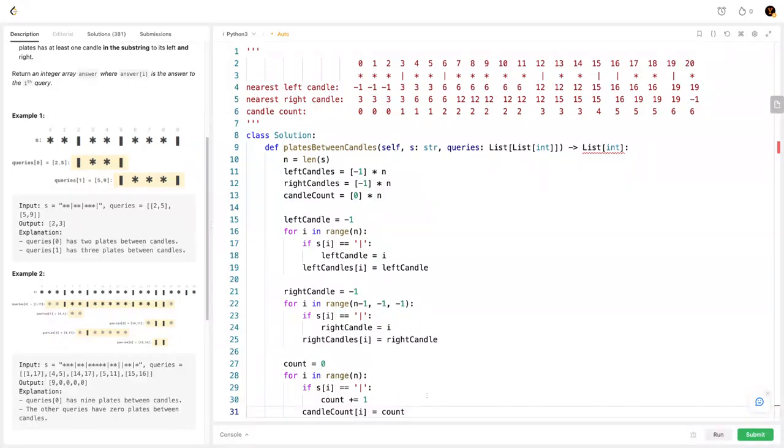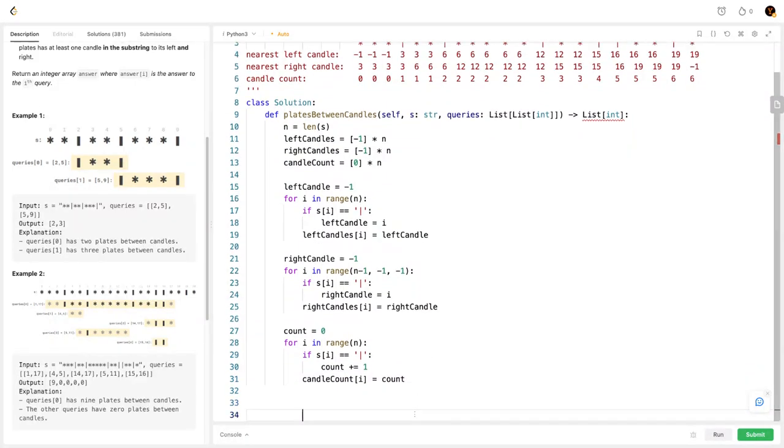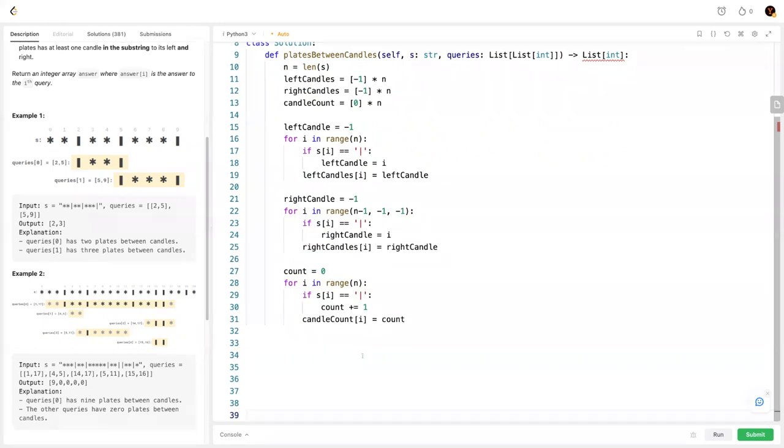All right, so now we have generated all the three variables we need. So now we can start getting the total count for each query. So let's have the return array. This is what we're going to return.